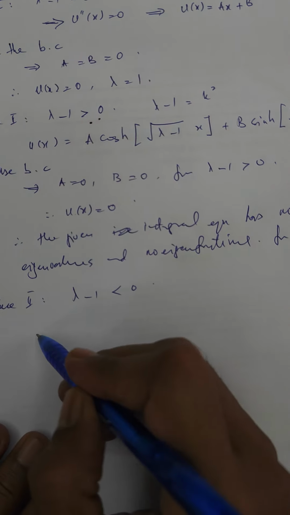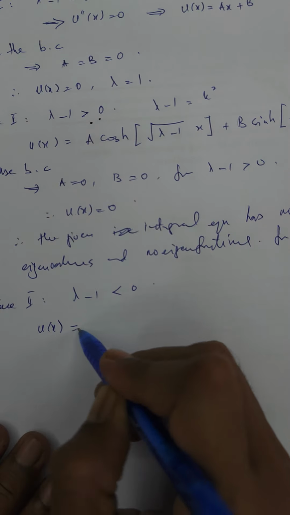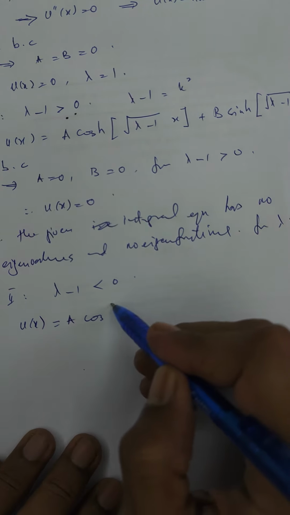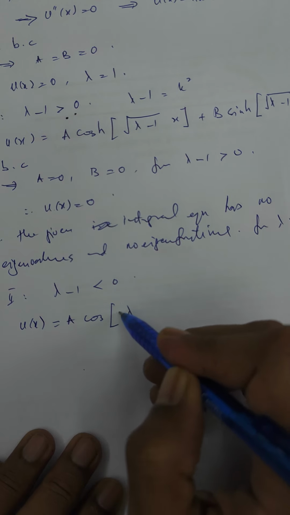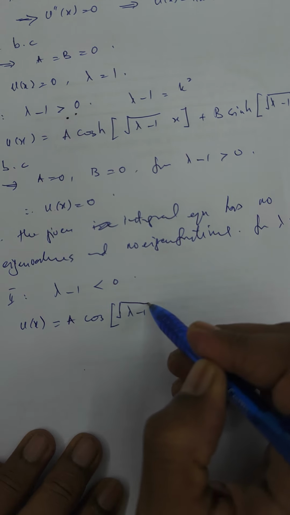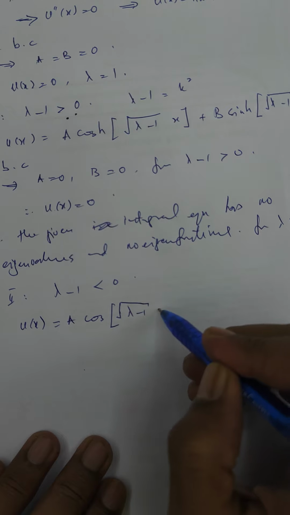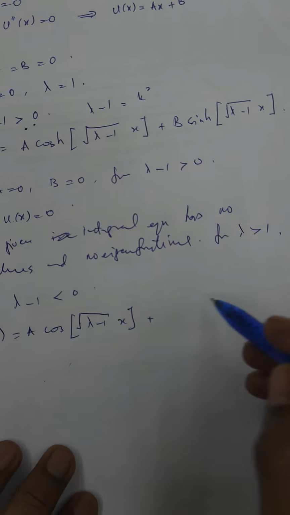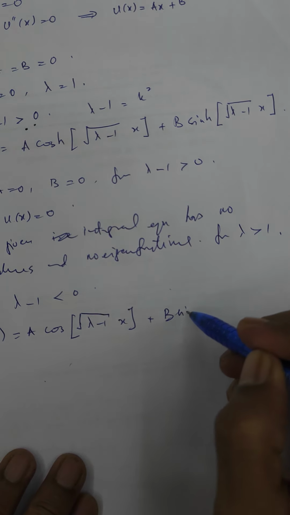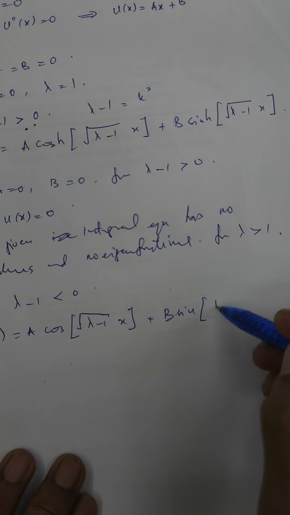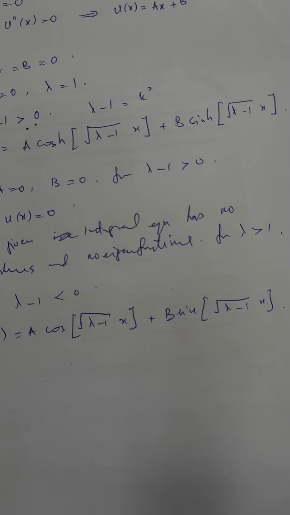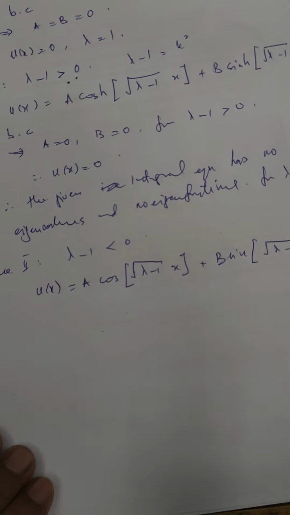So the solution, you have u(x) given as a cos(square root of 1 minus lambda x) plus b sine(square root of 1 minus lambda x). And then we use the boundary conditions.